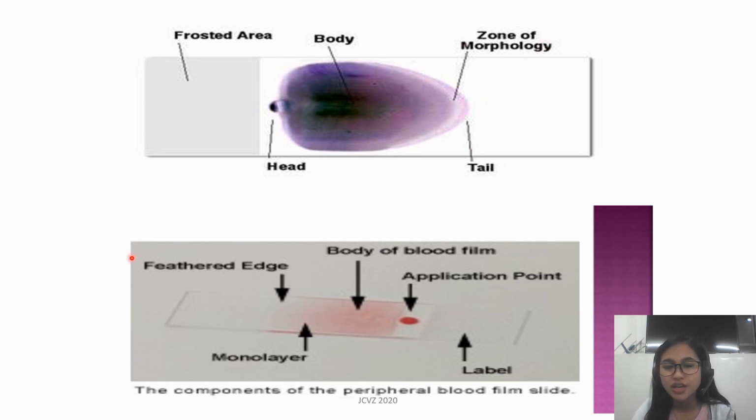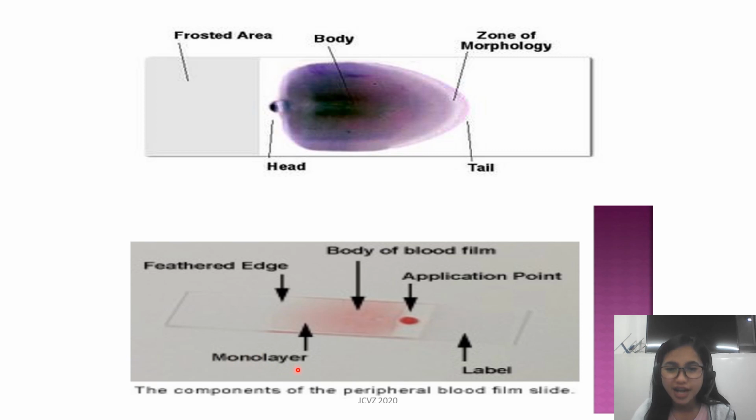Another illustration here also labels your slides with the different parts. You have your application point, this one. This is the area where you deliver your drop of blood. And then when you push your spreader slide, you create the body of the blood film. And then we have the feathered edge or the tail and your monolayer area.